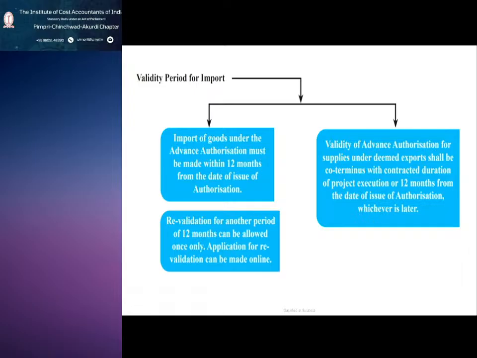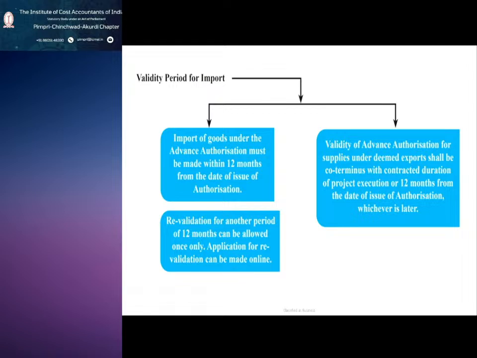So that means my license may expire within a period of 12 months. So it has to be used within the period of 12 months. The import of goods under advance authorization must be made within 12 months from the date of issue of authorization.